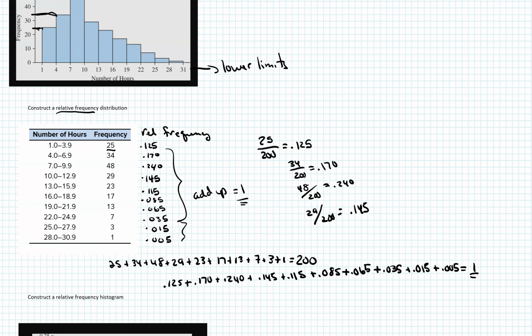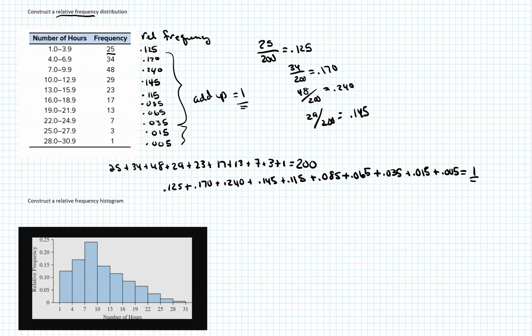That's a good check. Okay, relative frequency histogram. Again, notice we've got the lower limits here: 1, 4, 10, etc. And this is relative frequency on the vertical. So for the first one here, we're at 0.125, it's right there. The second one is 0.170 here. And again, you just graph it all out.